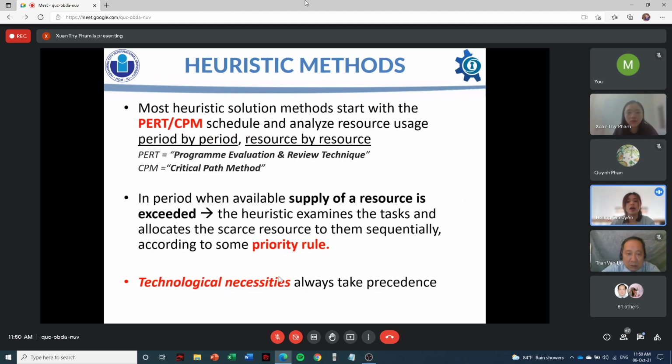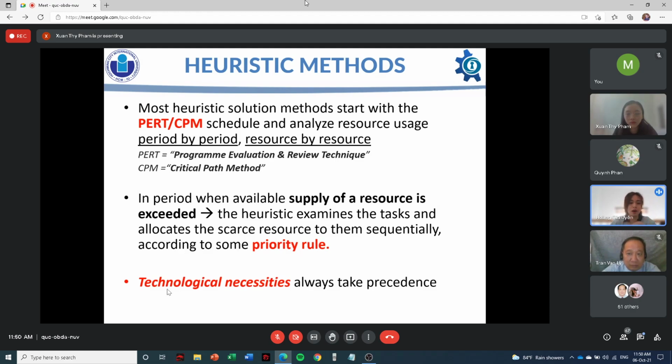Most heuristic solution methods start with the PERT or CPM schedule and analyze resource usage period by period, resource by resource. In a period when the available supply of a resource is exceeded, the heuristic examines the tasks and allocates the scarce resource to them sequentially according to some priority rules.